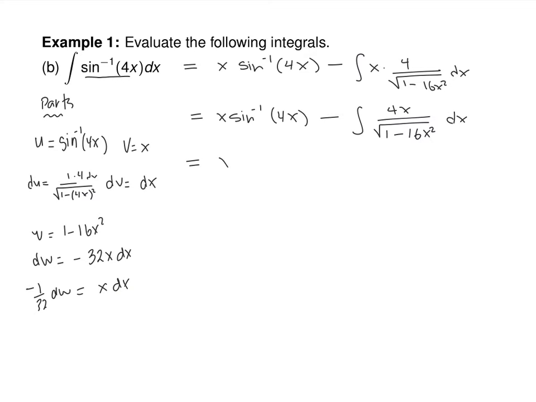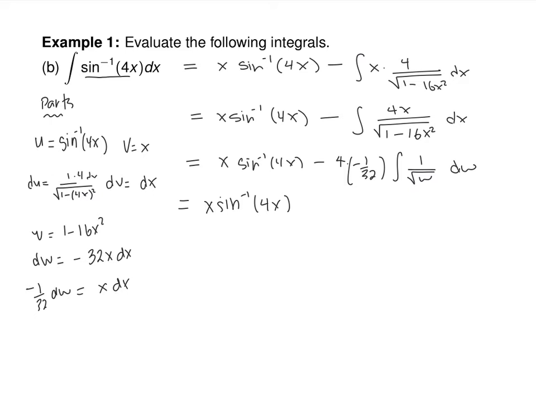So this is x sine inverse of 4x minus 4 times negative 1/32, the integral of 1 over root w dw. And that can be antidifferentiated just using the reverse power rule.